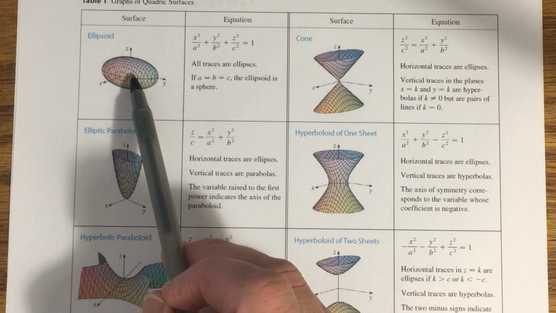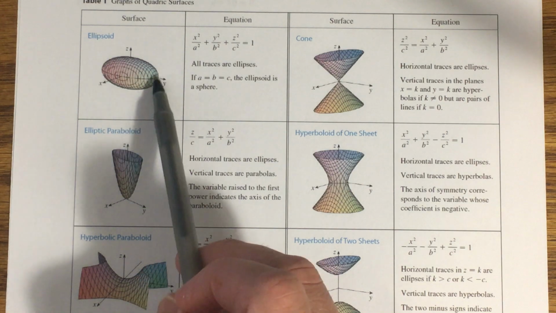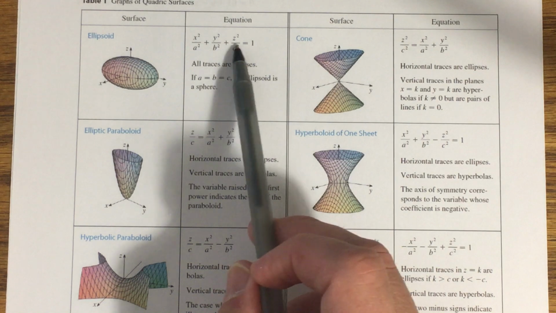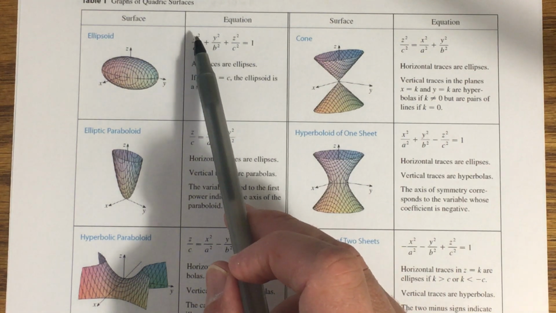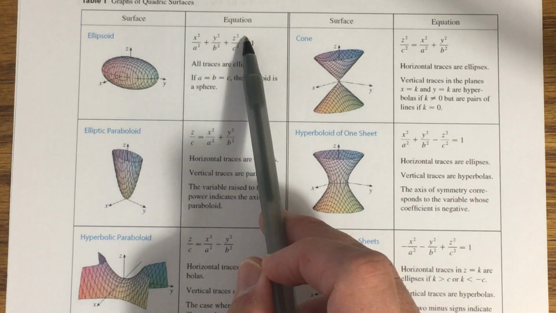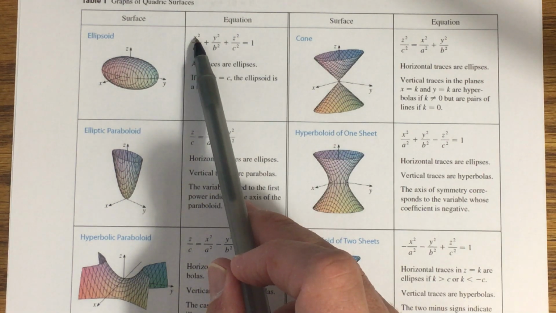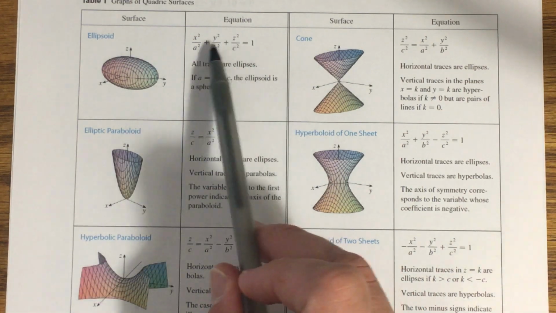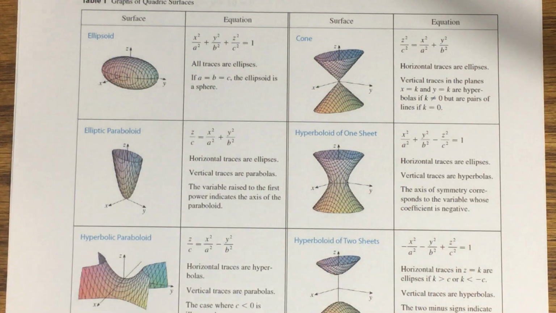For this ellipsoid, the origin is at its center, but it's not on the surface. And that would translate to the equation by plugging zeros in for x, y, and z. Remember, the origin is where x, y, and z all equal 0. If I plug 0 into all 3 variables here, I'd get 0 equals 1, a contradiction. So that would mean the origin is not on that surface.